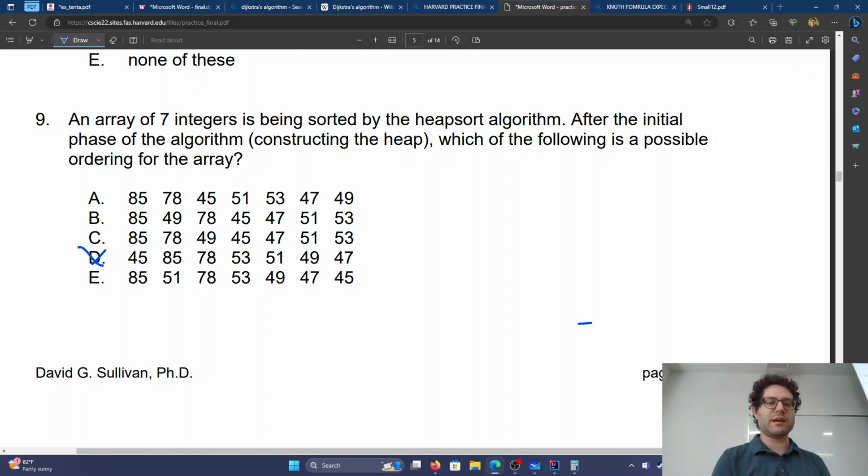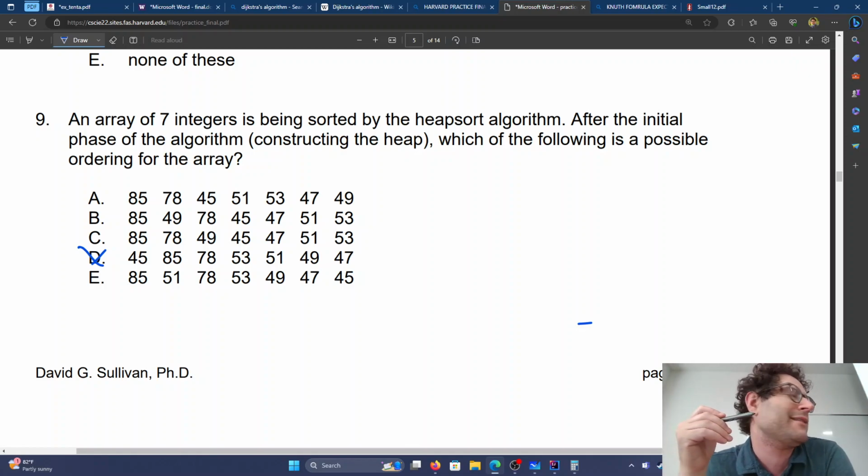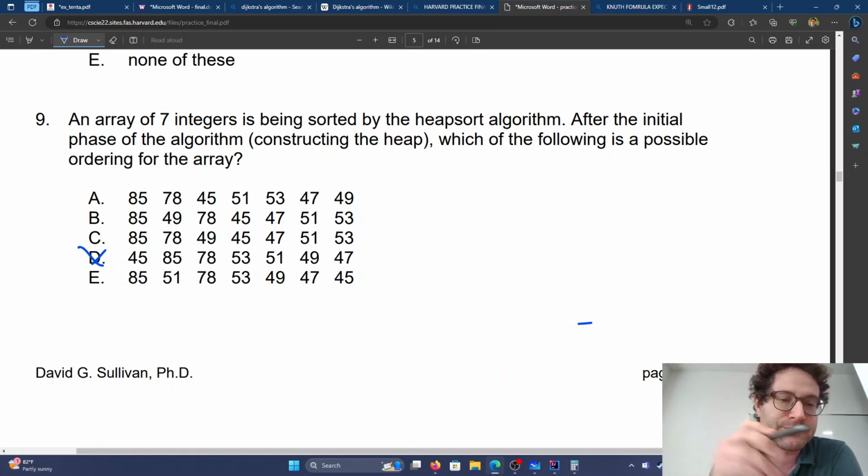So the first thing we have to do is basically ensure that these are valid max heaps.